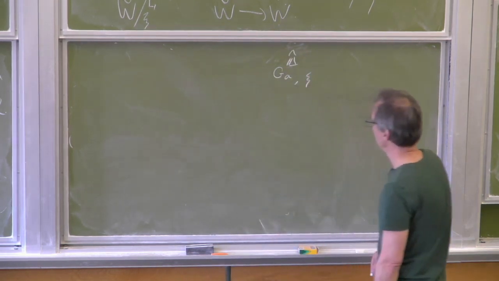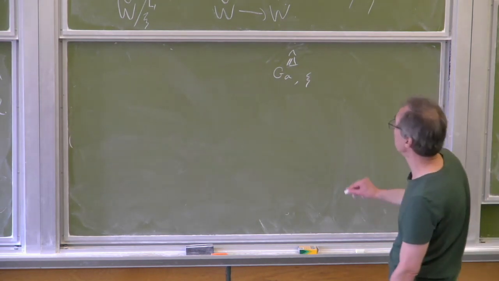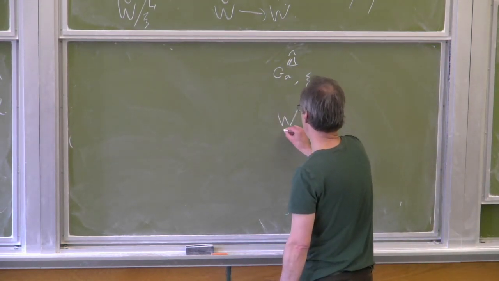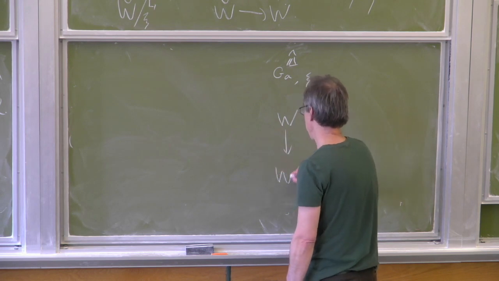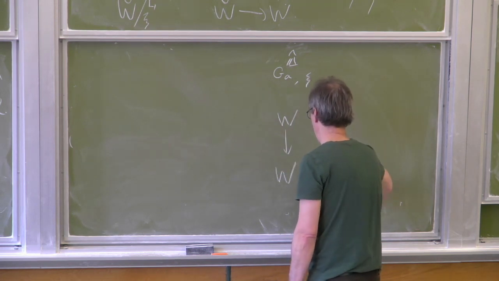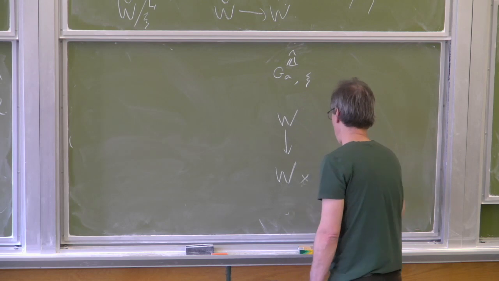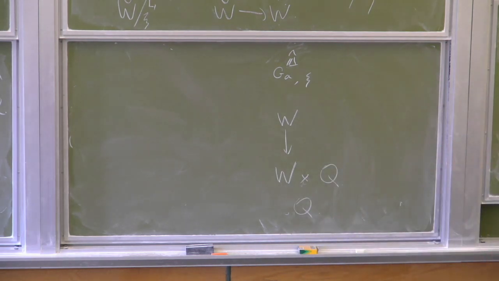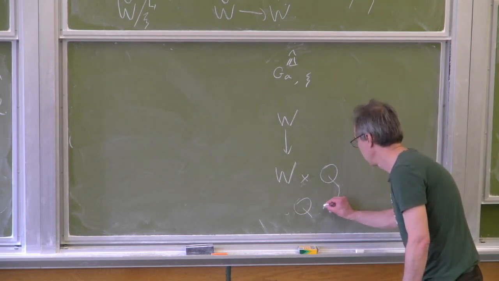can be computed as a cone of the following map. You take W and you form the fiber product. That's a more economic construction. Instead of going all the way to the perfection of Q, we just apply Frobenius once. So this is safe.